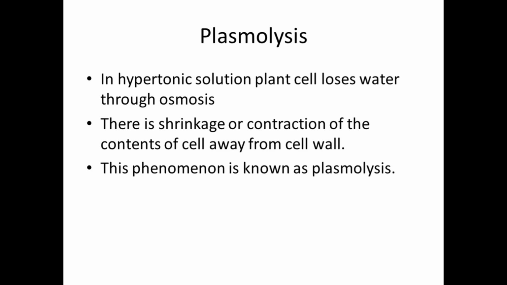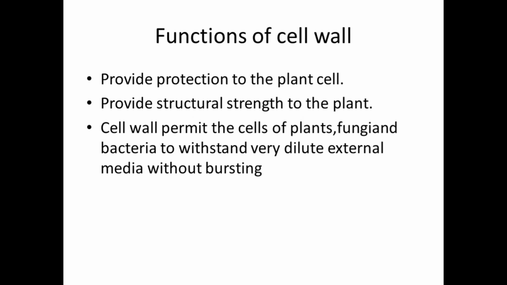This leads to the shrinkage or contraction of the contents of the cell away from the cell wall. The cell wall will remain intact and the contents of the cell will shrink towards the center. The cell wall will remain there, but the plasma membrane along with the contents will shrink. This phenomenon is known as plasmolysis.